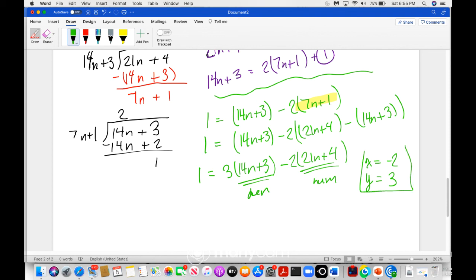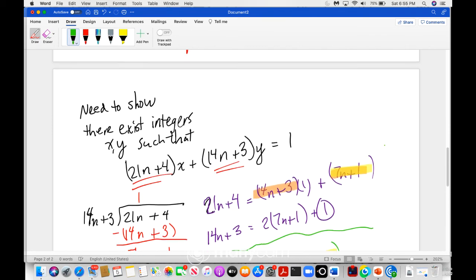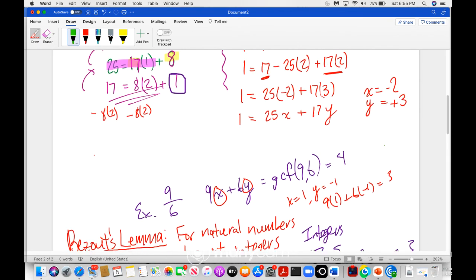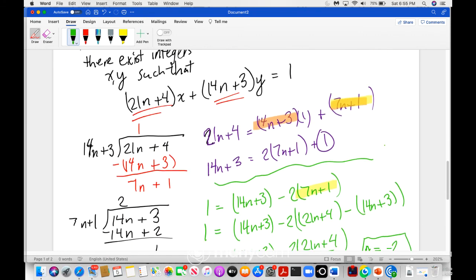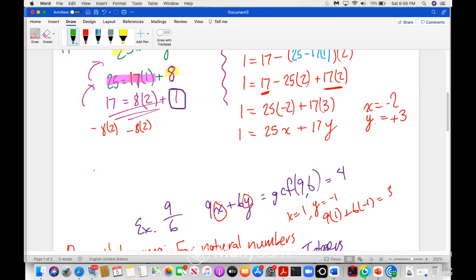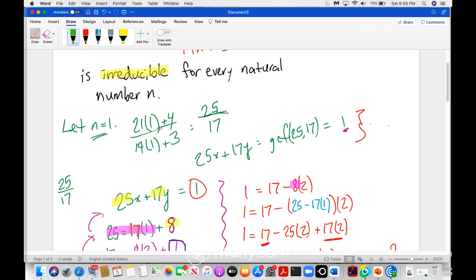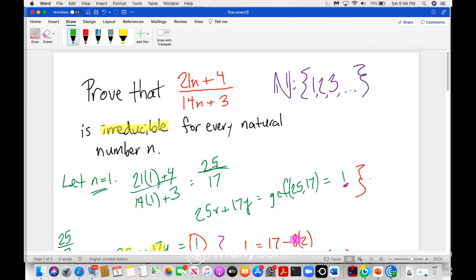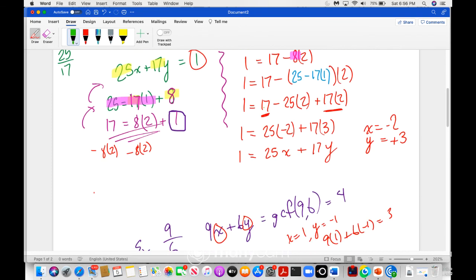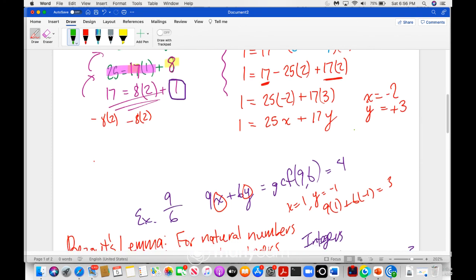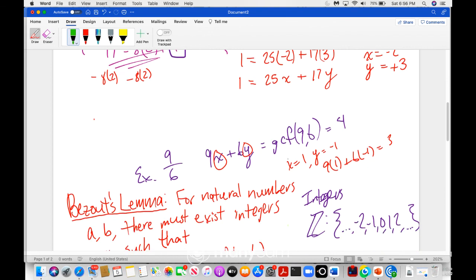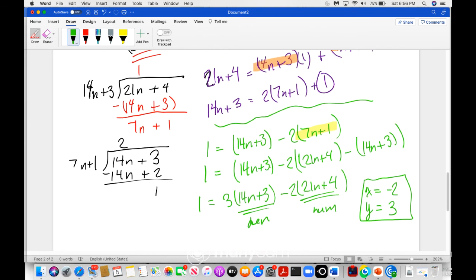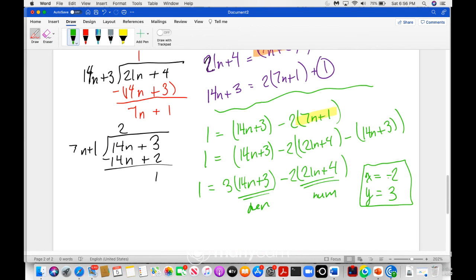Notice that we got the same exact thing as we did all the way above. We still got -2 and 3, but this was not sufficient. Now, if the proof asked you to prove that this expression is irreducible, plugging it in for n equals 1 and doing that, you might have actually been able to just skip all of this, skip the polynomial long division entirely and just guess this.